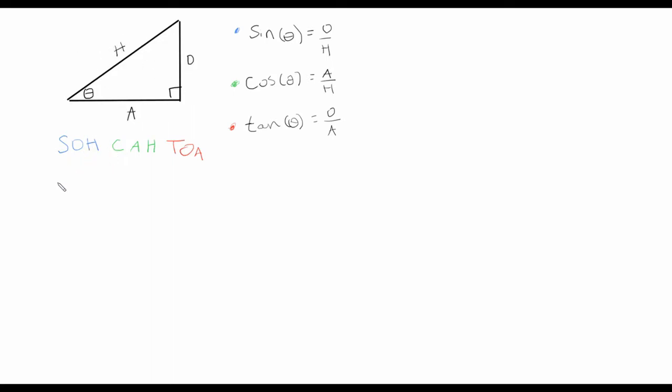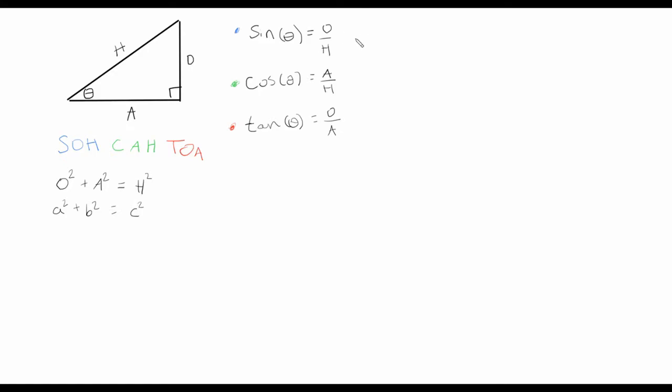Or in this case, if we're using O, A, and H, O squared plus A squared equals H squared. We're probably used to seeing it a squared plus b squared is equal to c squared, but it's really the same thing.